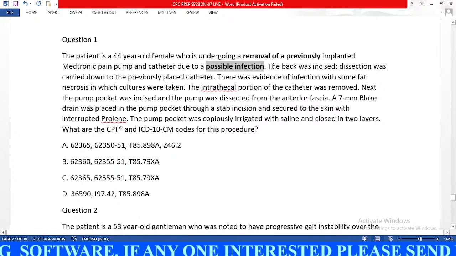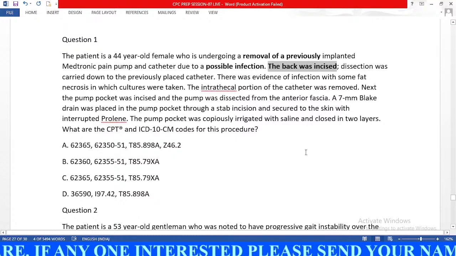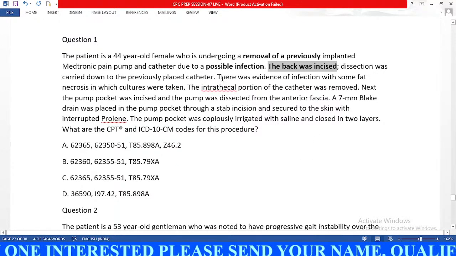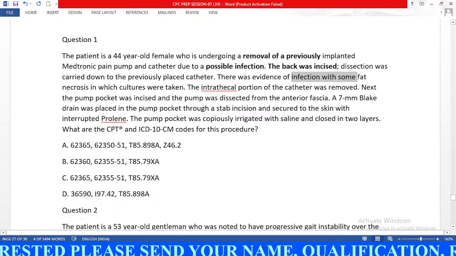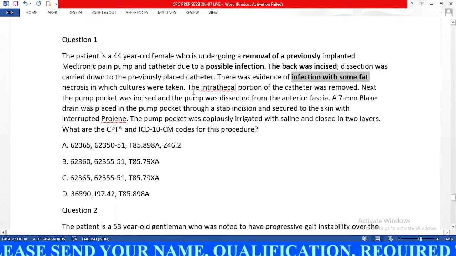One more keyword is the back was incised. Back denotes it is prone position. Next, dissection was carried down to the previously placed catheter. There was evidence of infection with some fat necrosis in which cultures were taken.